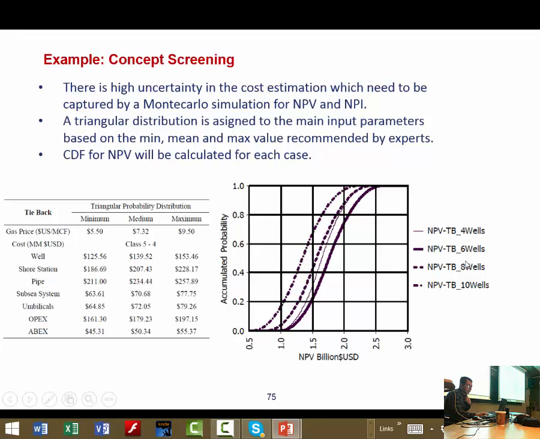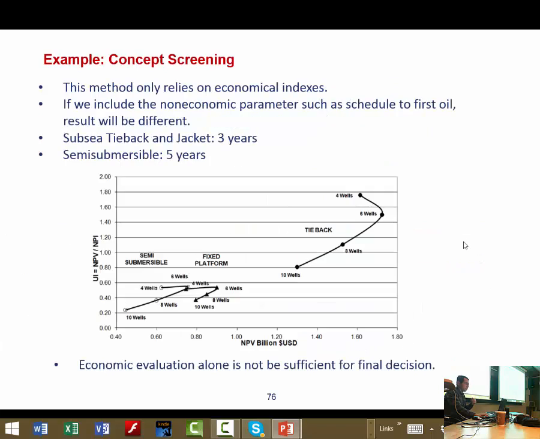Or here 6 wells is less reliable than 4 wells, which can help you with the decision in the previous step, whether to select 6 wells or 4 wells.